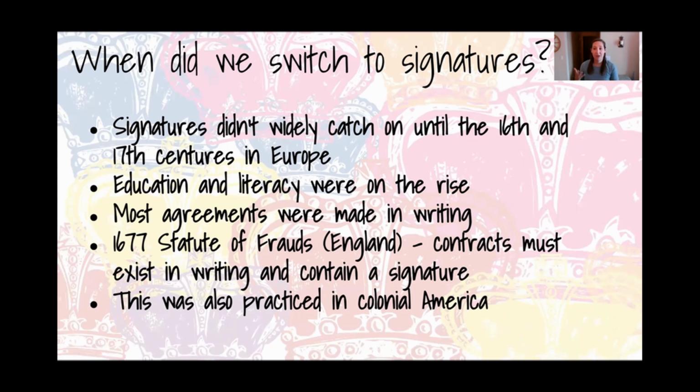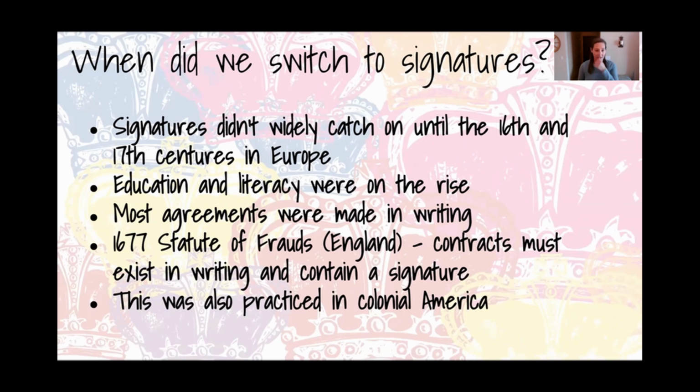The reason for signatures being on the rise was that education and literacy rates were going up. If people could read, they could theoretically read a signature, although if you look at modern day signatures, a lot of times they're not really legible anyway. Also, most agreements at this time were starting to be made in writing. In fact, in 1677, there was something called the Statute of Frauds put in place in England that said contracts must exist in writing and contain a signature.